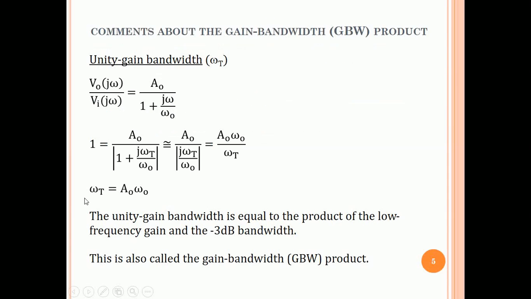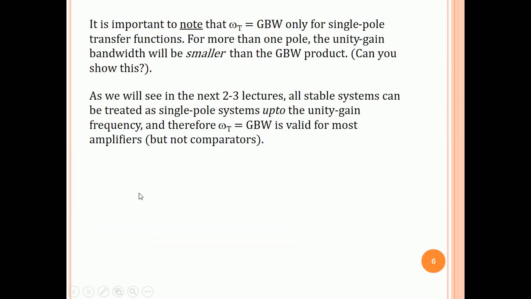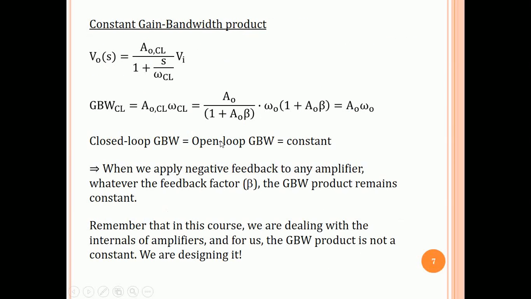Therefore this omega t equal to A0 omega 0 is usually valid for all stable amplifier systems. We shall see this. This is not true for comparators because comparators are used only in open loop, and if you close the loop they will become unstable.